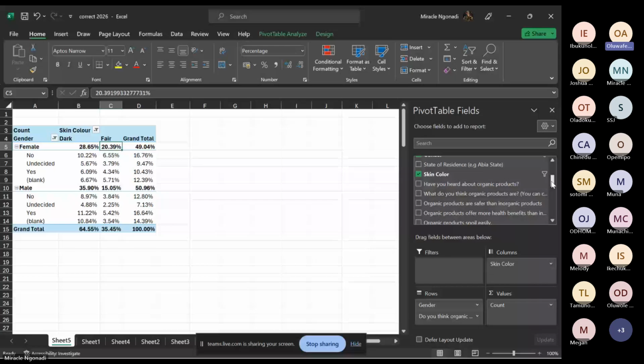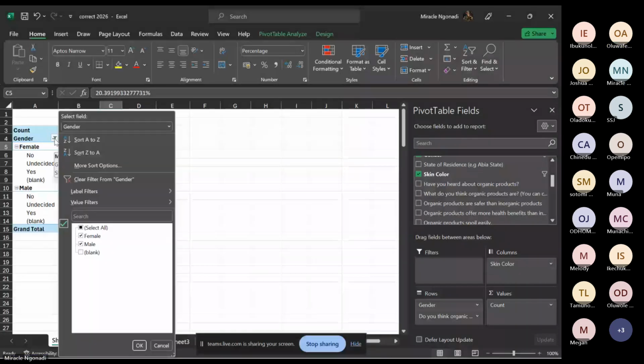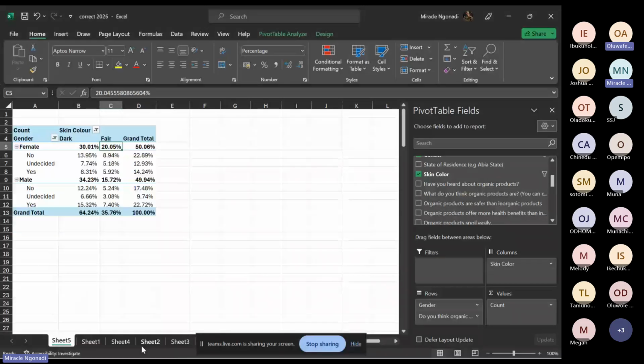So just bring gender down again. Skin color has been fixed. So one of the questions still has blank in it. Okay, that is fixed. Good. Just click outside. Let's see what's going on here. I found it. Good. So take care of it, meaning you are not looking at them.